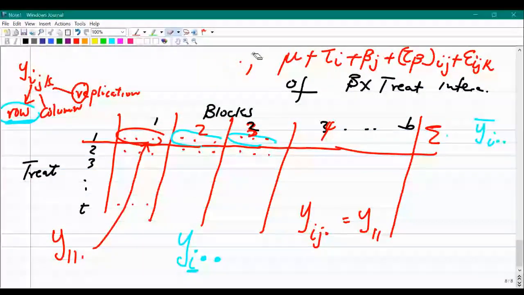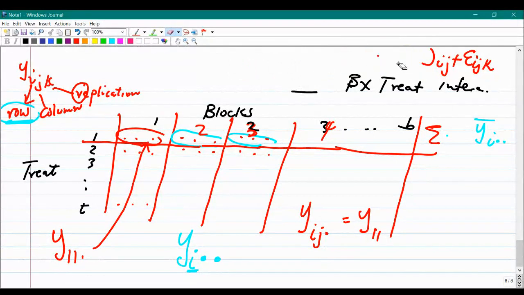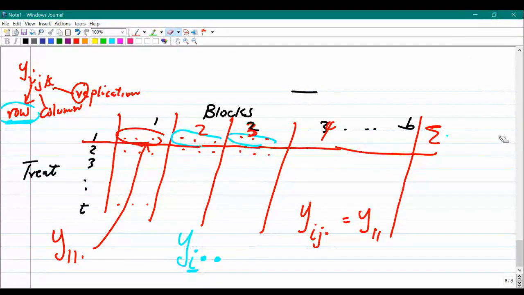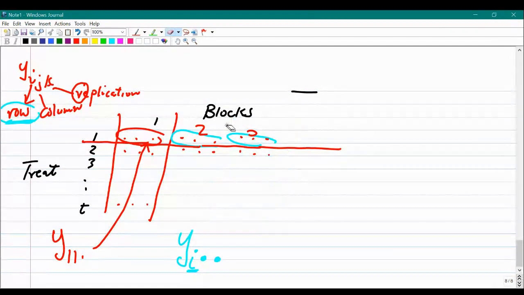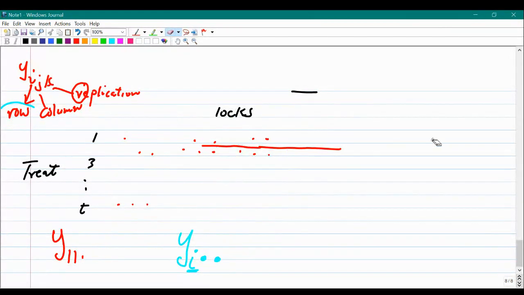Sir, I want to ask, if let's say we are doing the block by treatment interaction, then we have to do the LSD. Let's say we fail to reject the H0 when we are doing the interaction, the block by treatment.